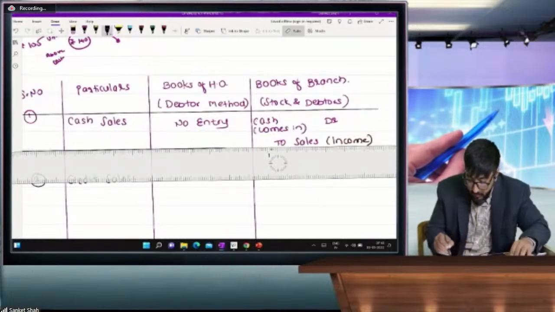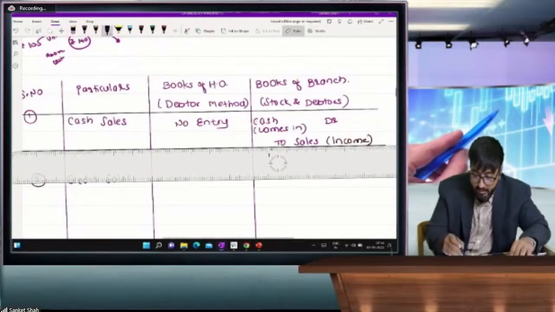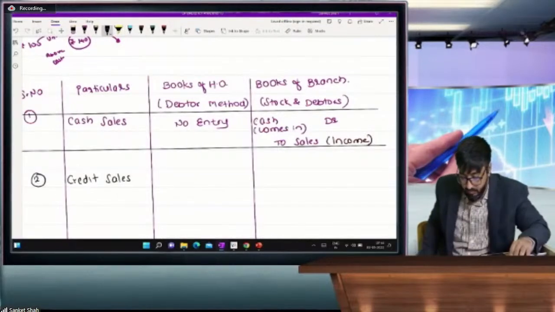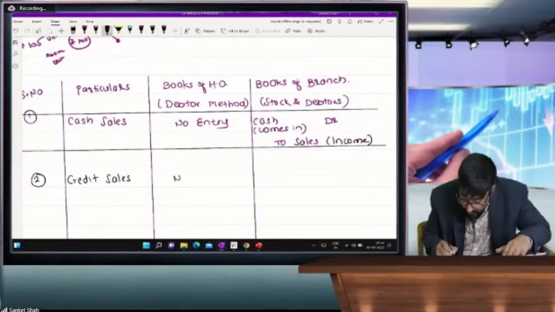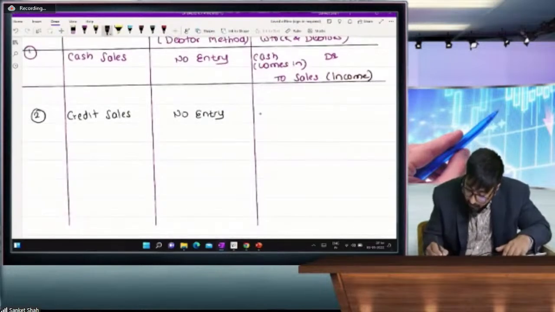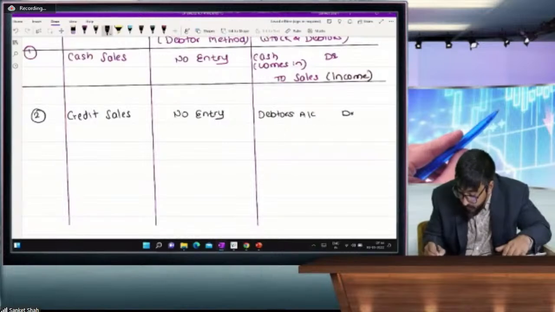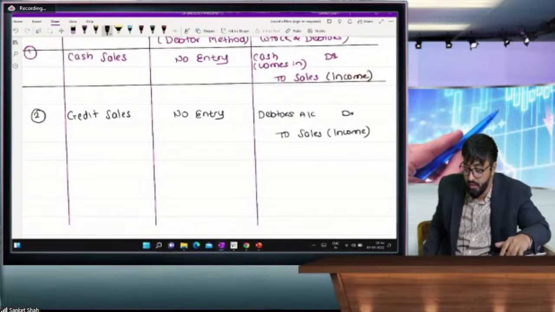Prabhas. Data's method and stock and data's method, I will explain it later. But just note down HO, below that data's method, and books of branch, stock and data's. Yes, waiting for your reply. Cash sales, credit sales. Yes. Credit sales. No entry. And debit the debtor to sales account because it is income. So personal account ka rule we are going to use over here.